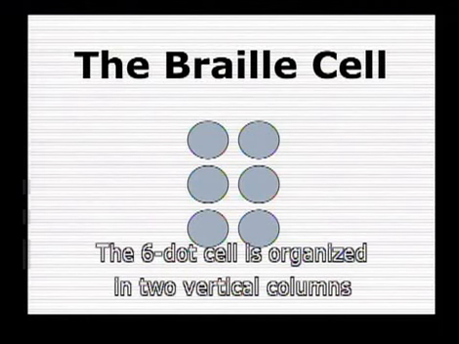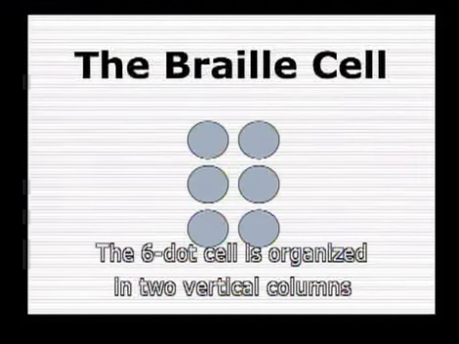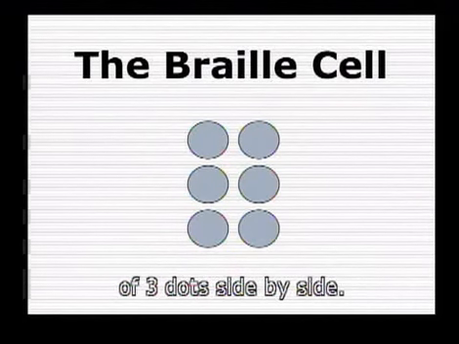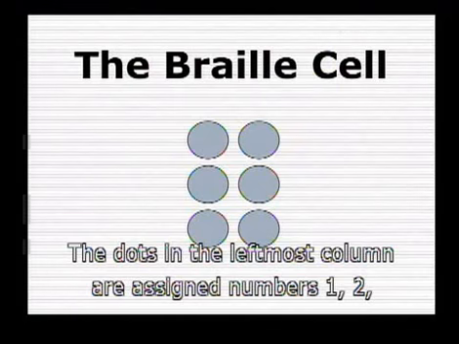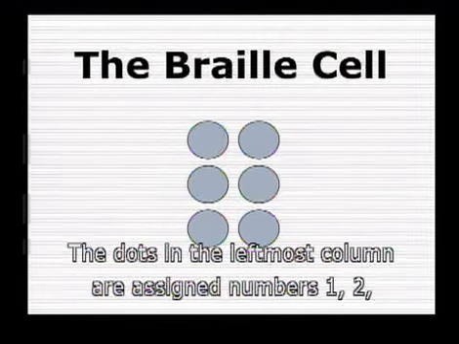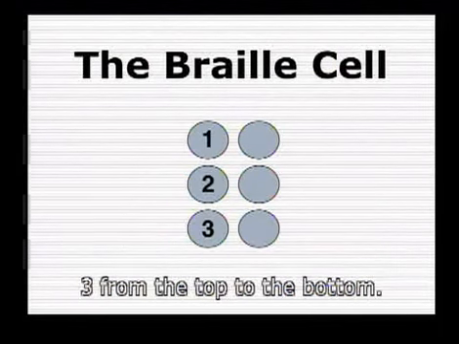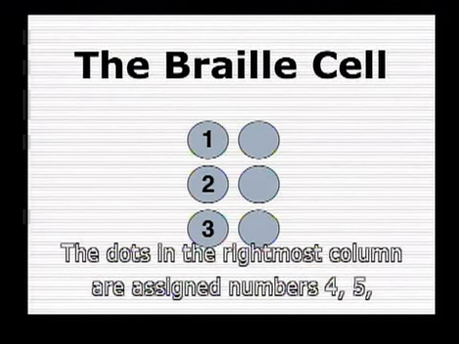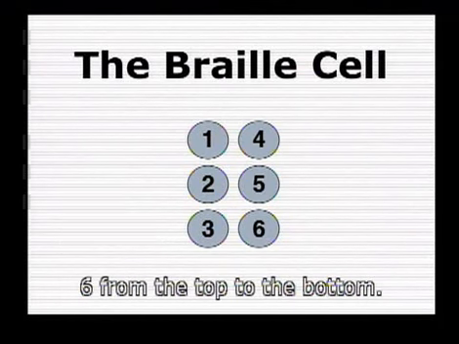The 6-dot cell is organized in 2 vertical columns of 3 dots side by side. The dots in the leftmost column are assigned numbers 1, 2, 3 from the top to the bottom. The dots in the rightmost column are assigned numbers 4, 5, 6 from the top to the bottom.